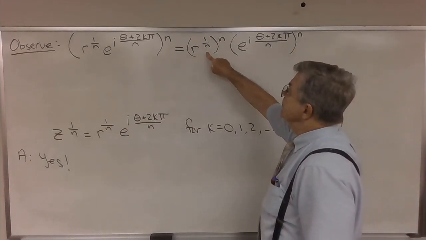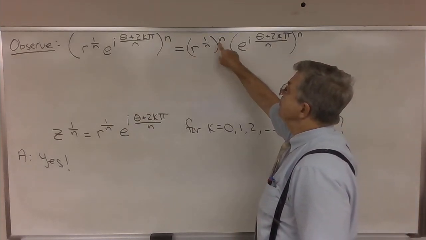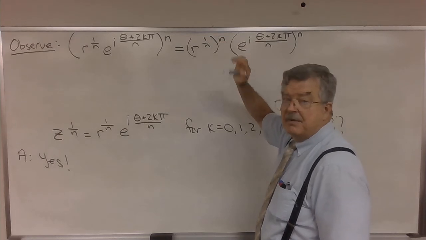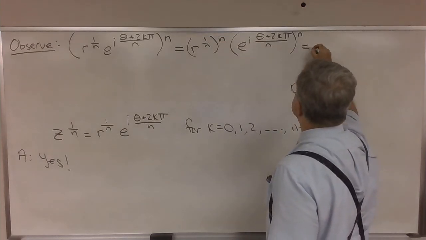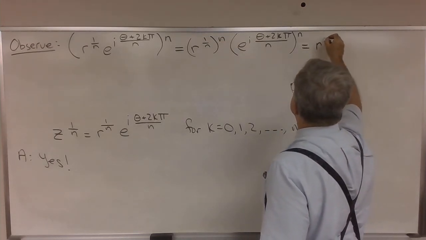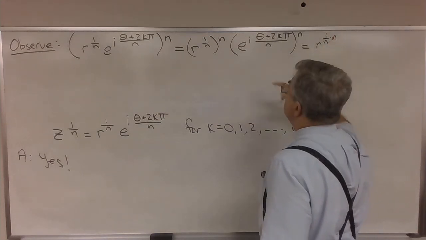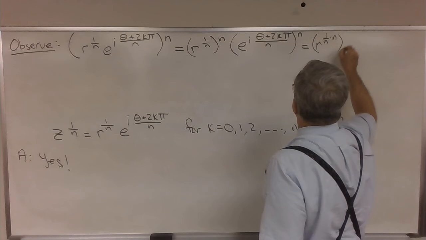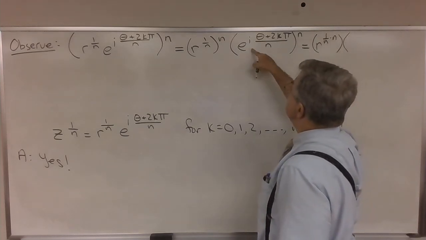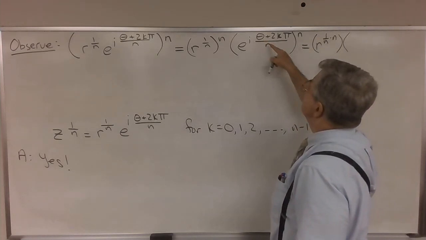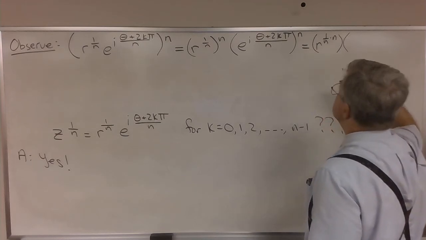We have something raised to a power, that whole thing raised to a power, the exponents multiply. So we get r to the power of 1 over n times n. And we get e to the power of i garbage over n to the power of n.